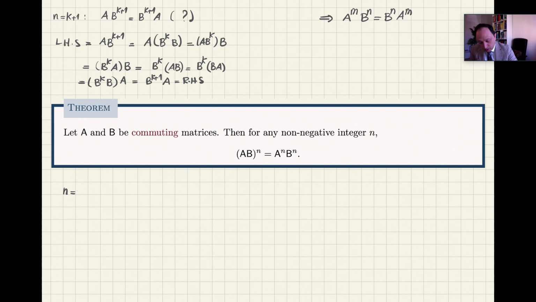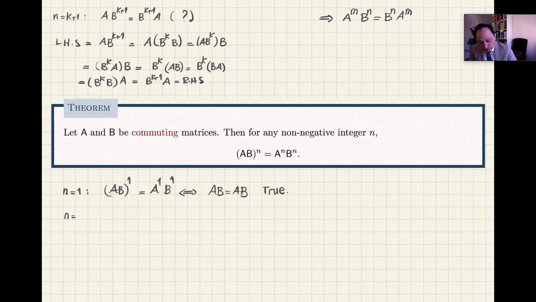If I put n equal to 1, then the left hand side becomes (AB) to power 1, the right hand side becomes A^1 B^1, but this is completely equivalent to saying AB is equal to AB, and we know that AB equals AB is true.